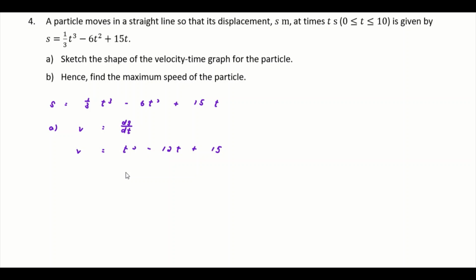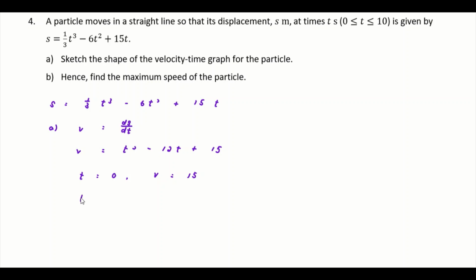Some important things for us to find are maybe the x-intercept and y-intercept, and this is only valid from 0 to 10, so you need to find t equals 0 and t equals 10 also. Let's do that first. When t equals 0, as you substitute, you should get v equals 15, or you can just read from the last number here, which is the y-intercept.